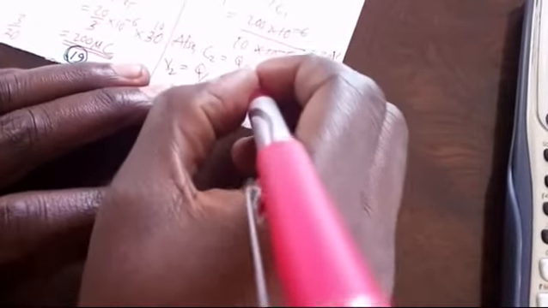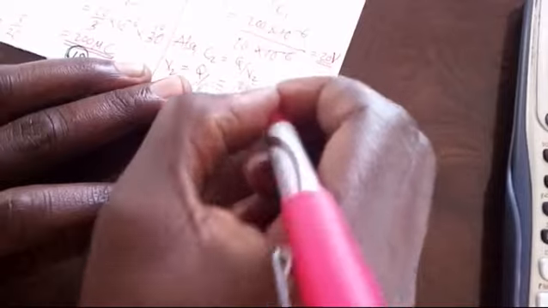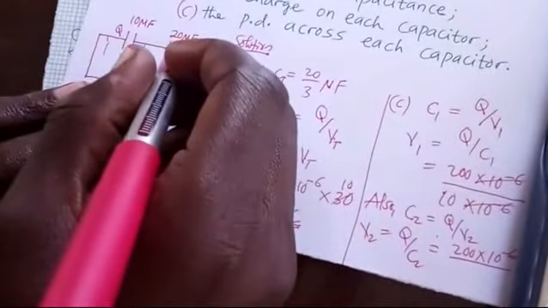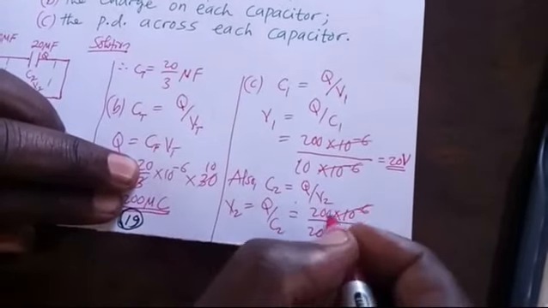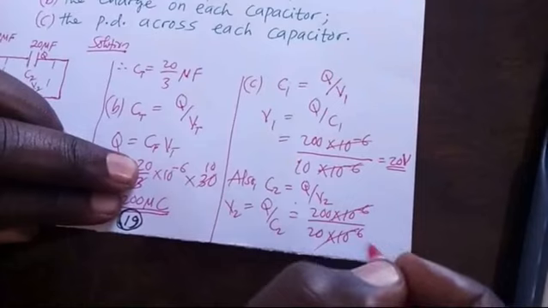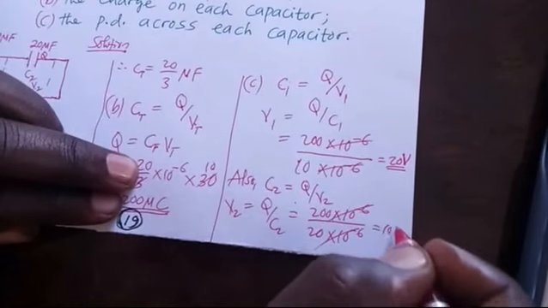Using the charge you calculated, 200 times 10 to the power of minus 6 divided by C2, and our C2 is 20 microfarad, so 20 times 10 to the power of minus 6. Again this cancels this, and 200 divided by 20 will give you 10, and the unit is volt.